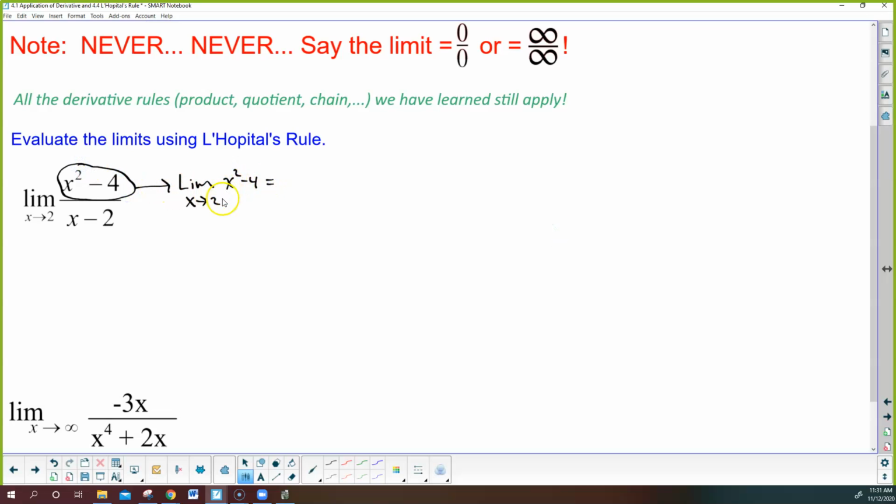Well, that is substitution. If I plug in 2, I get 2 squared minus 4, which is 0. So the numerator goes to 0. Then I check the denominator, and all we do is substitution. I plug in 2, and notice the denominator goes to 0.